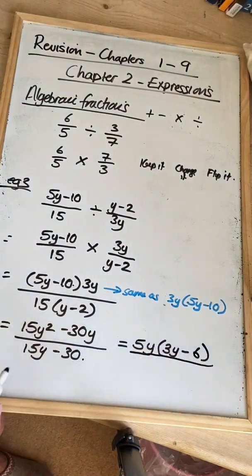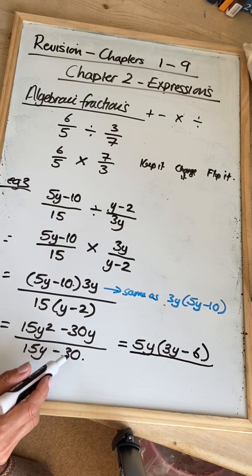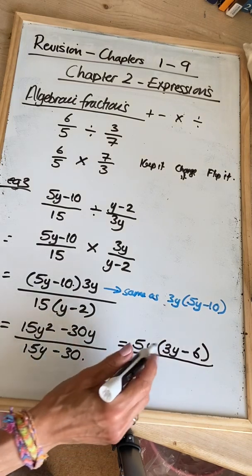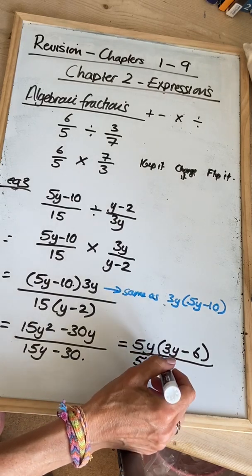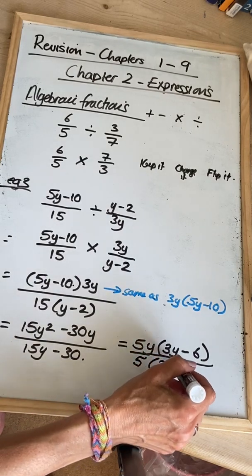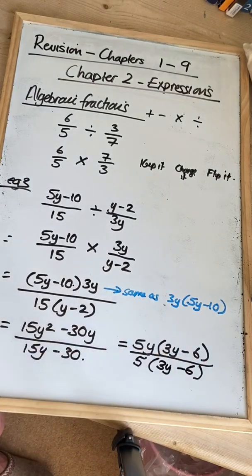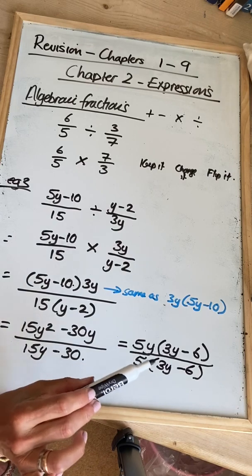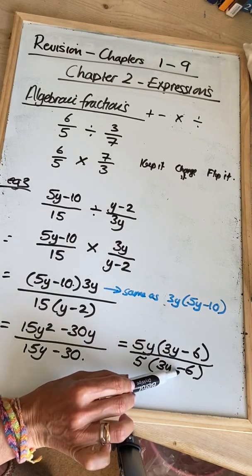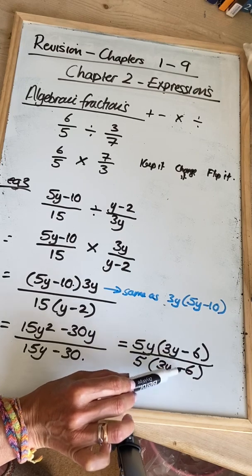On the bottom, I've got 15y minus 30. There's a 5 that can come out of both of these. That would leave me with a 3y and a minus 6. So at this very final stage, I've got a common factor on the top and the bottom of my fraction, a 3y minus 6.